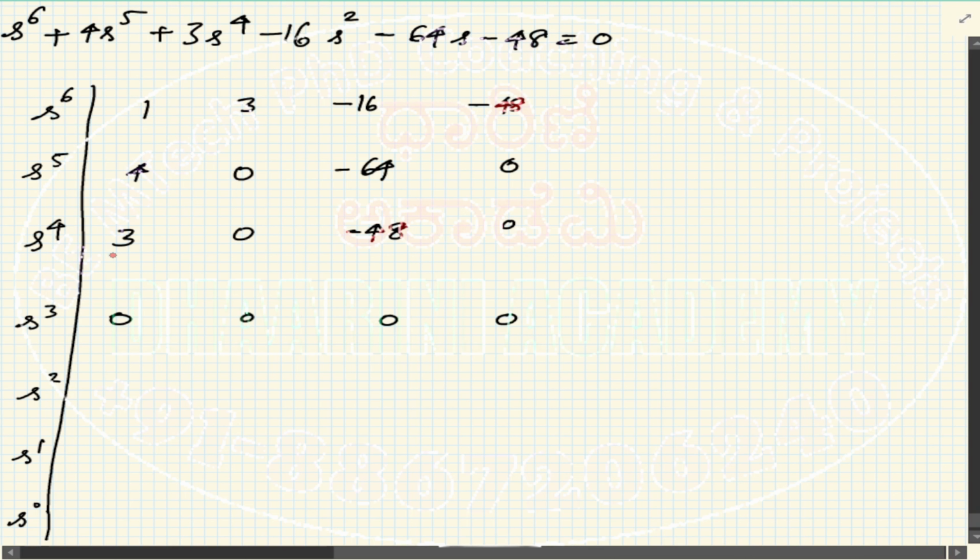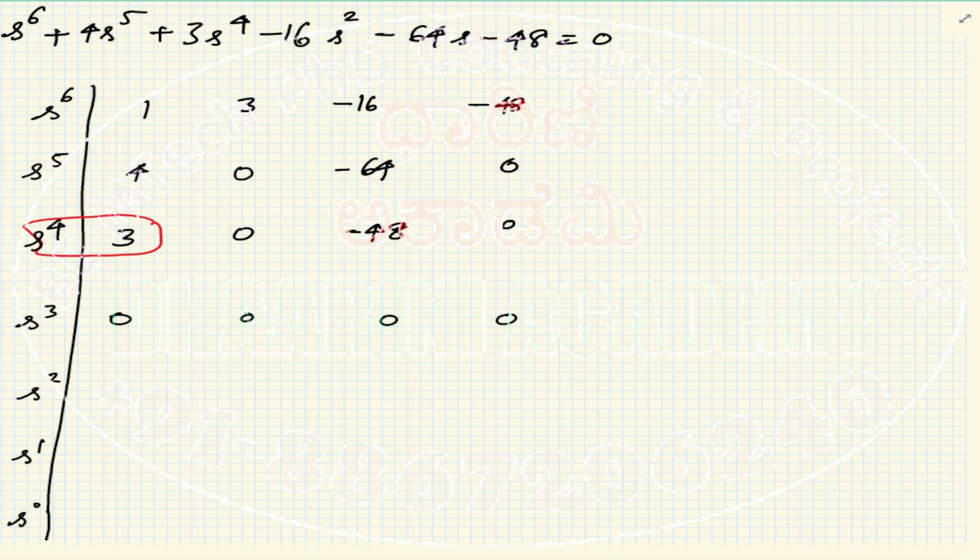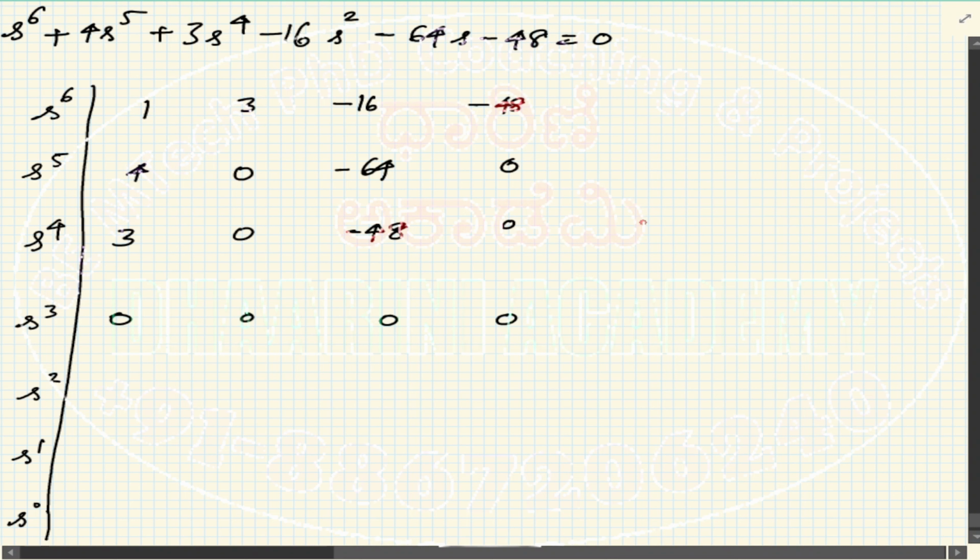If you try to convert this into an equation, this is 3 times s to the 4, right? We have a term. So if you differentiate that, we get a term which contains cube. So whenever the complete row becomes equal to 0, you need to write the equation for the row above that. So that will be 3 into s to the power 4. Next, you see there is a 0, right?